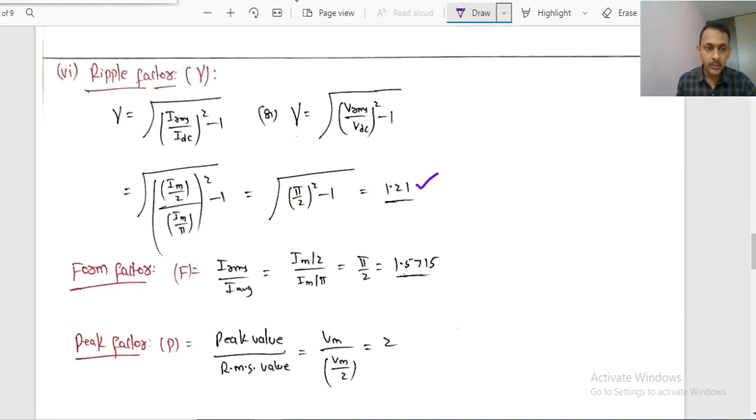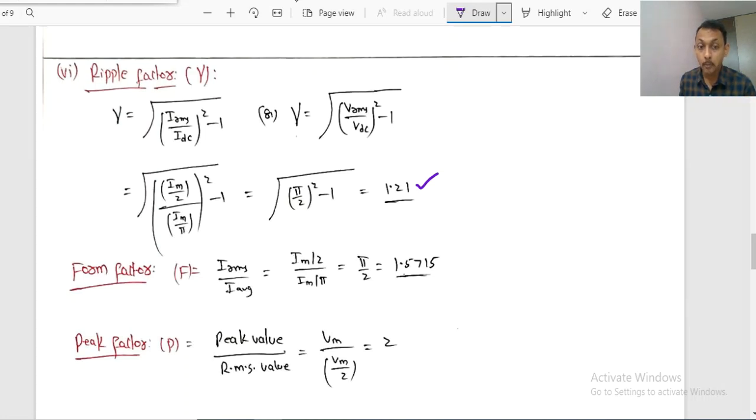A very, very important derivation is the form factor. RMS value by average value is called form factor. The ratio of IRMS, the root mean square value, divided by the average value is defined as the form factor.